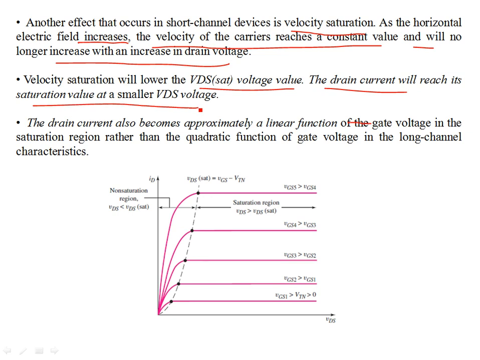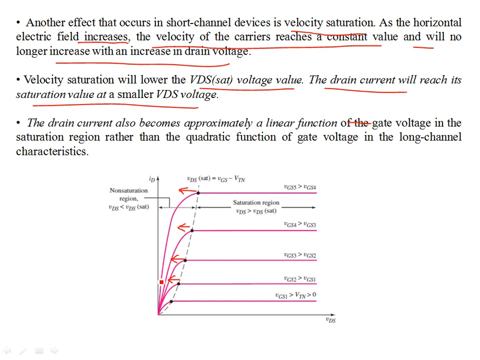The drain source voltage, which establishes the horizontal field, will result in lower drain to source saturation values for each VGS curve. For example, this point is going to shift towards the left. We're going to have a lower saturation value. So these black dots are going to shift towards the left because of the velocity saturation.